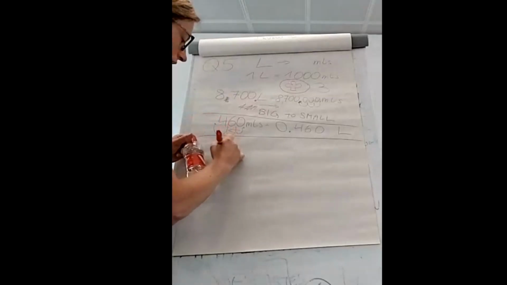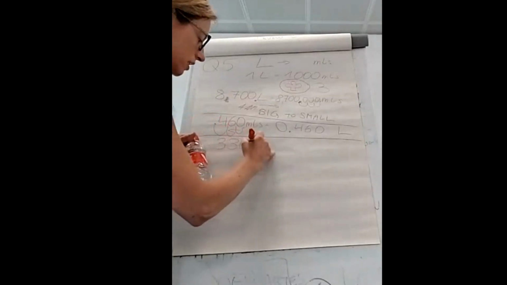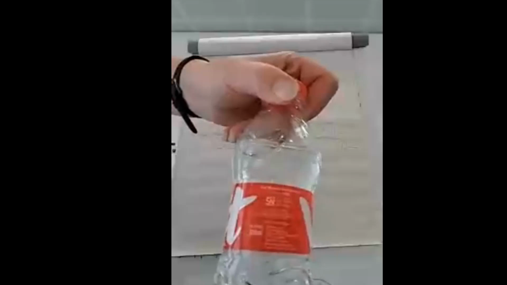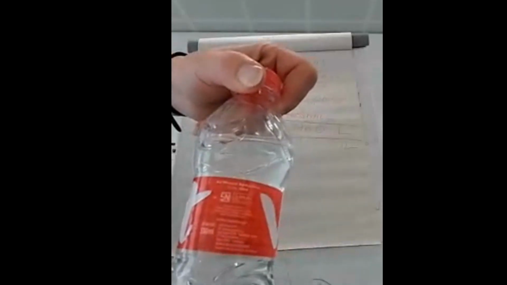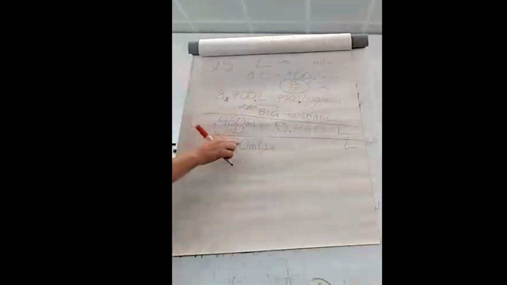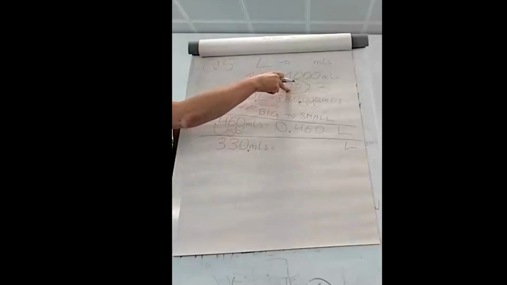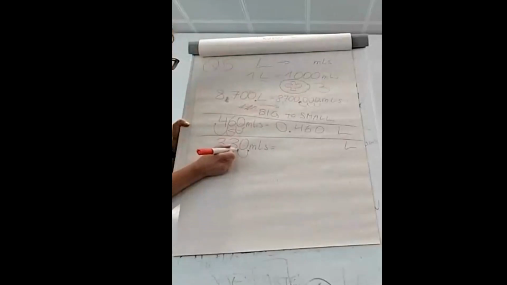330 milliliters. How many liters are these? Where is our decimal? At the end. How many times do we move it? 3 times. 1, 2, 3.